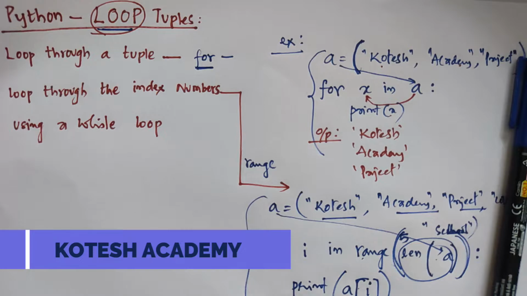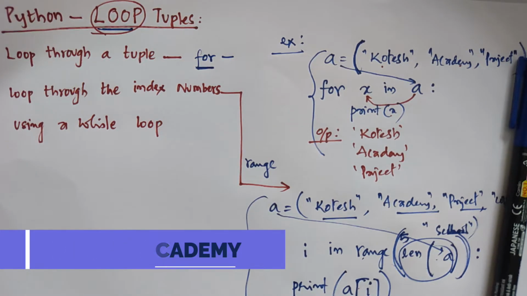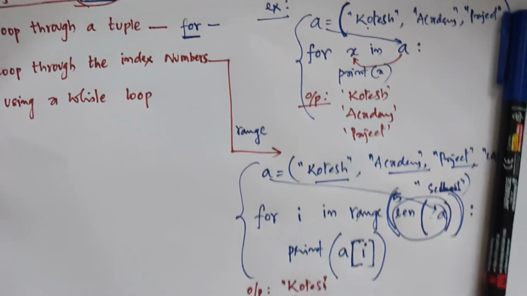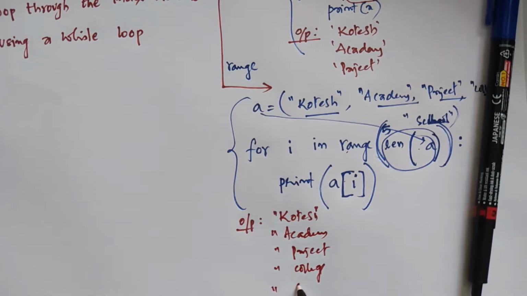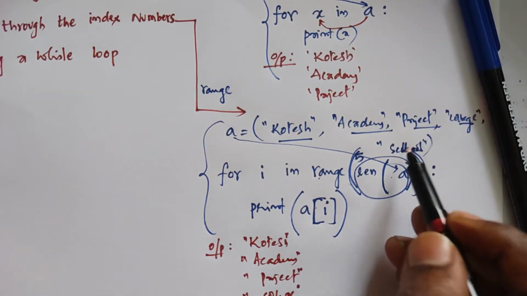So a of 0 value is quotation. Next a of 1 is academy, next project, next college, next one is school. Actually how many items does it have? 1 2 3 4 5.